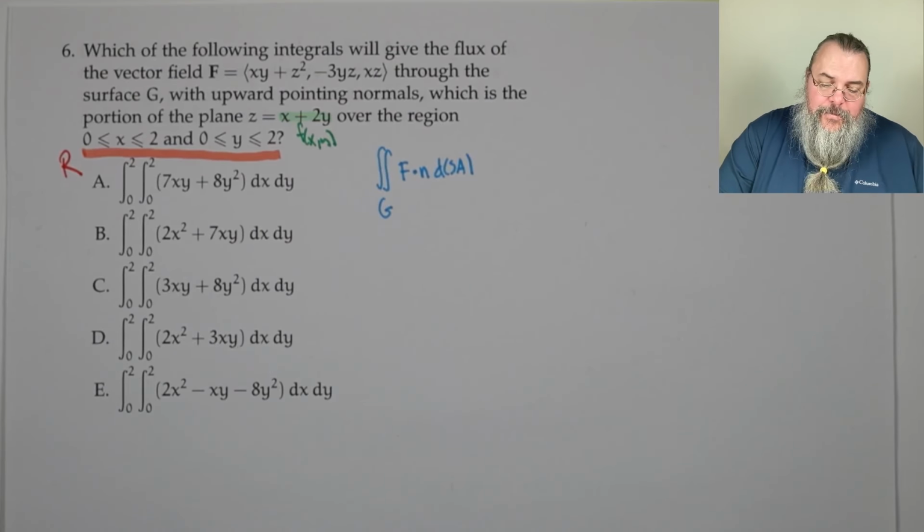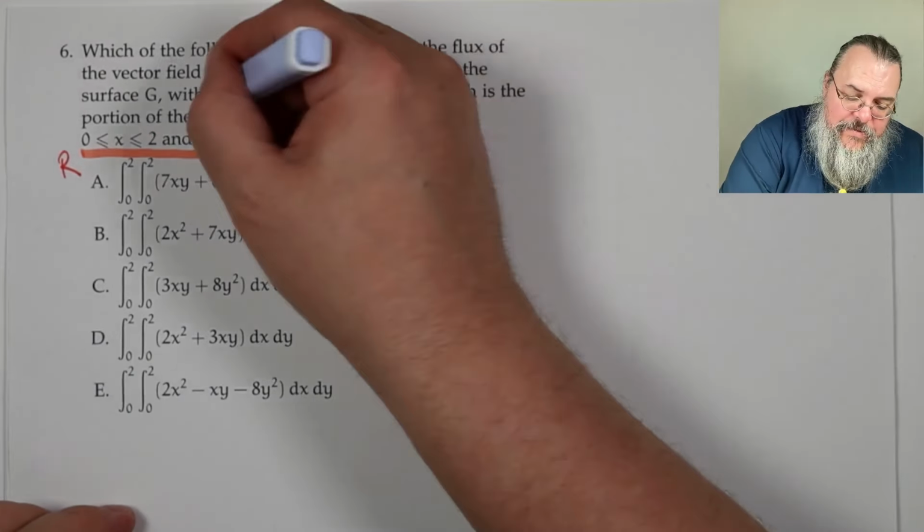And we know we have upward pointing normals because it tells us that we have upward pointing normals.